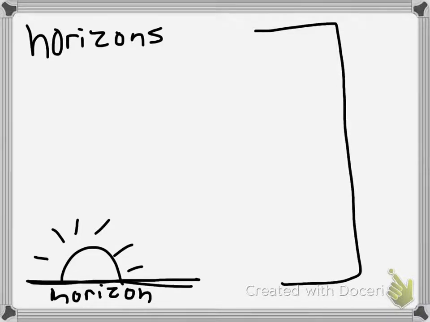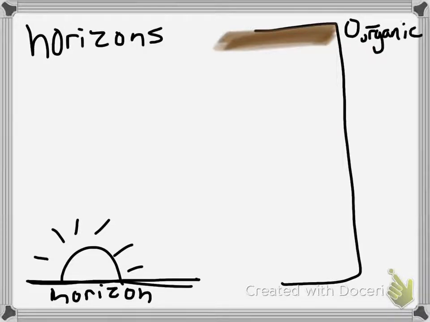The top layer is organic material. So we have O for organic material. That's on top because that's where plants and animals, when they just die, are going to be laying. Unless someone buries them under the ground, they're going to be on the top. So the organic material is on top.